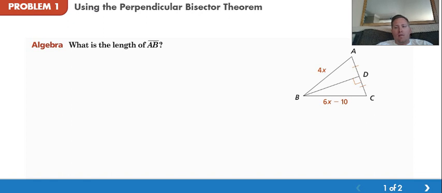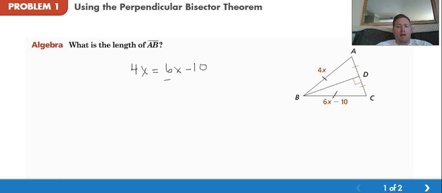So the side AB is going to be congruent to BC. That's the perpendicular bisector theorem, because if it's perpendicular and bisecting, then the two sides are congruent. So we know that 4x is going to equal 6x minus 10.